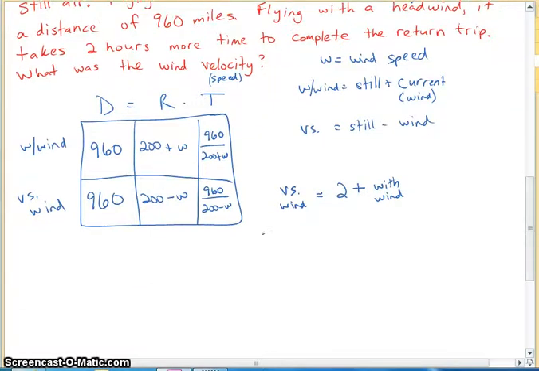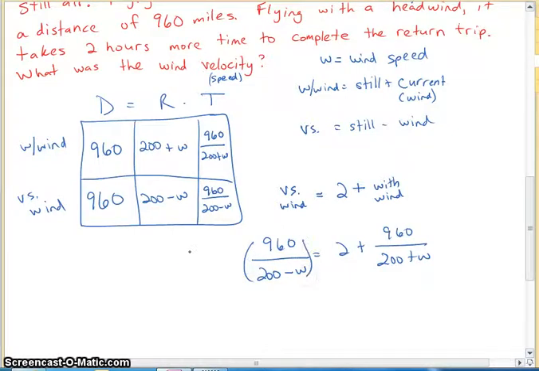So I'm going to rewrite this so it's 960 over 200 minus W equals 2 plus 960 divided by 200 plus W. And that makes sense. Versus the wind, so flying against the wind, it would have to take longer because you're going at a slower speed. So it has to take longer to go the same distance.